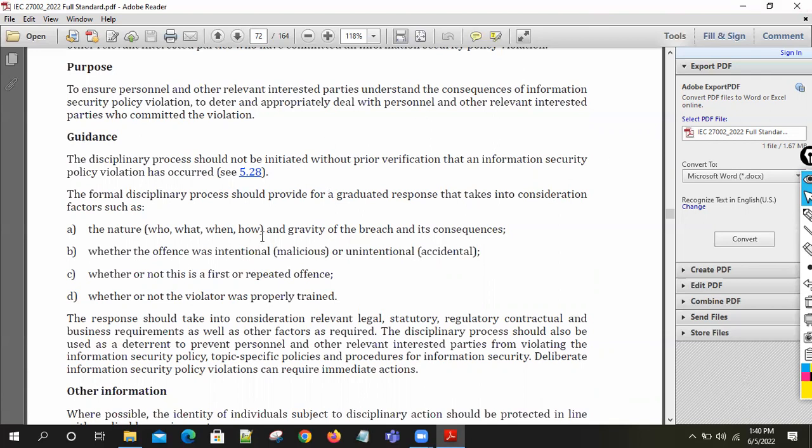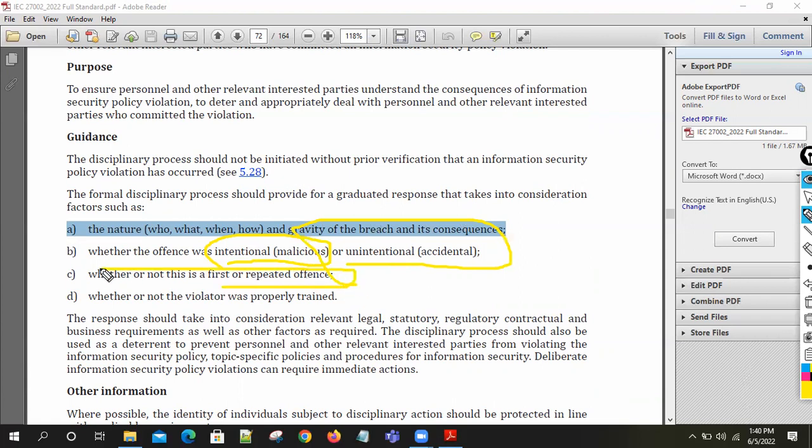We consider the nature, who, what, when, and how, and the gravity of the data breach and its consequences, what has been done by the employee, and whether the offense was malicious, that is intentional, or unintentional or accidental. We also need to see whether this is a first or a repeated offense.